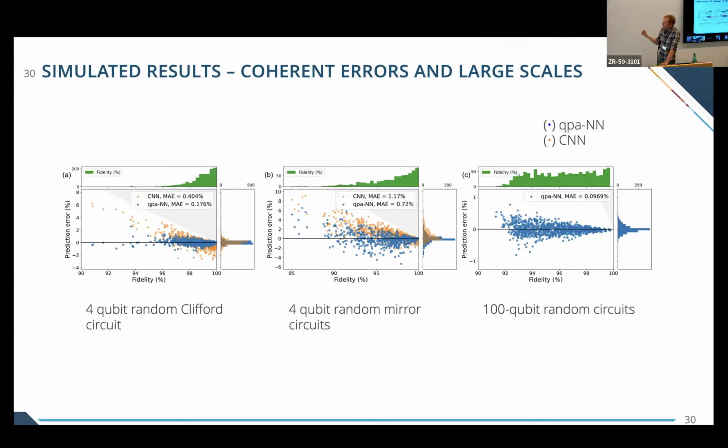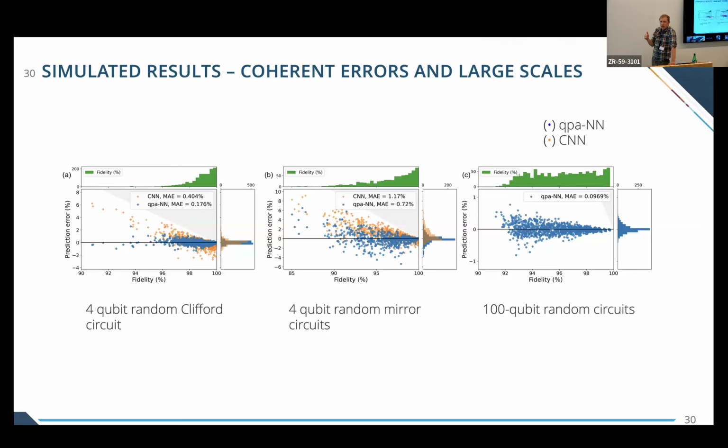But I think the important thing here is, in the first panel, we are applying these to exactly the same sort of circuits that we trained on, not the same data, but the same kind of random circuits. Then in the middle, we've trained them on random circuits, but applied them to mirror circuits. These have some structure to them that can, for instance, cancel certain kinds of errors.